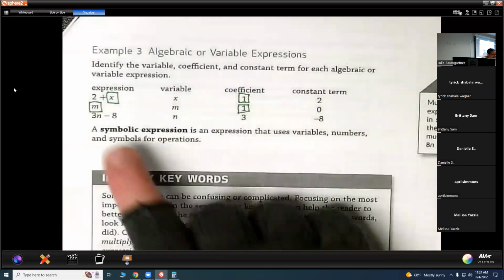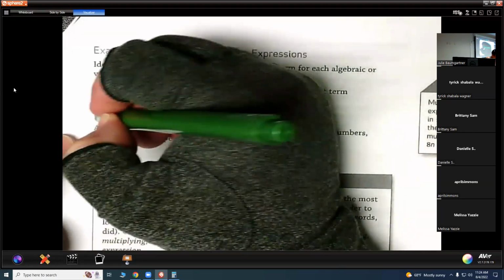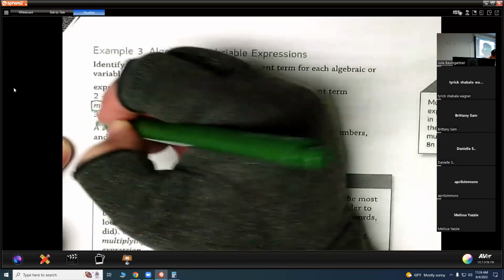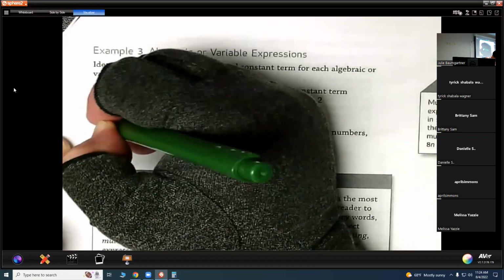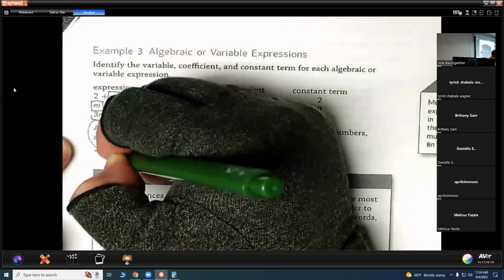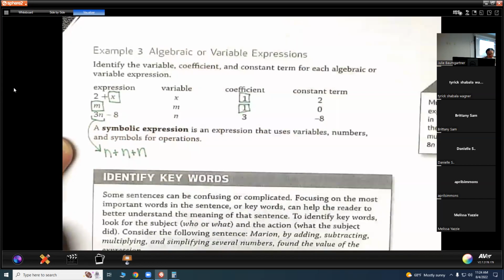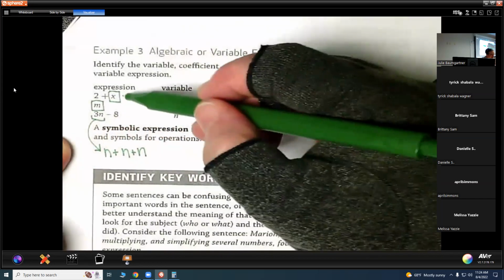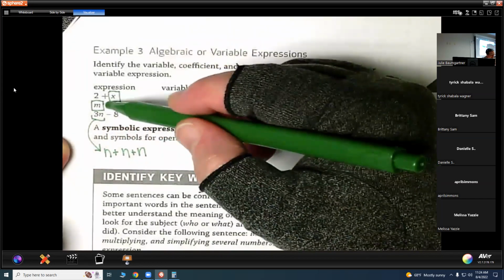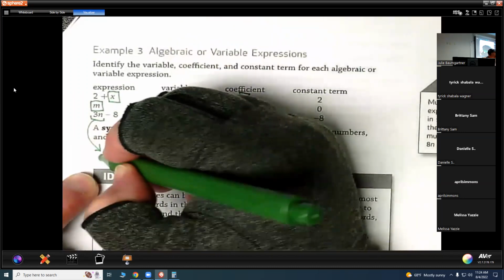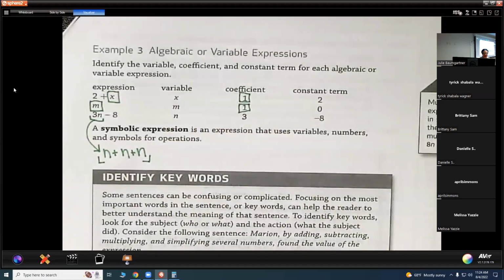If it's right here, 3n is n plus n plus n, because you have 3 of them. We just don't know what n is. Okay. So this is 1x, 1m, but if we have 3n, it's the same as this expression.